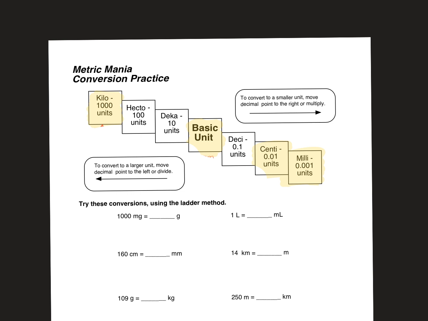You can easily remember the sequence of these prefixes by remembering this mnemonic device, okay? So I'm going to write the abbreviations as I say the words. So King Henry died by drinking chocolate milk.